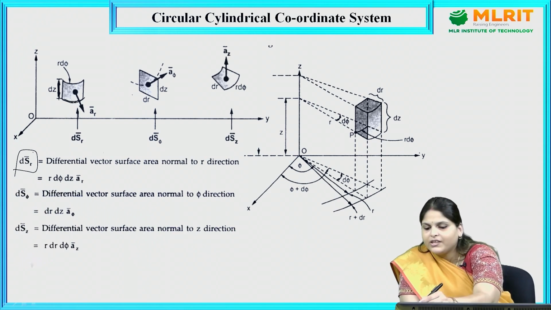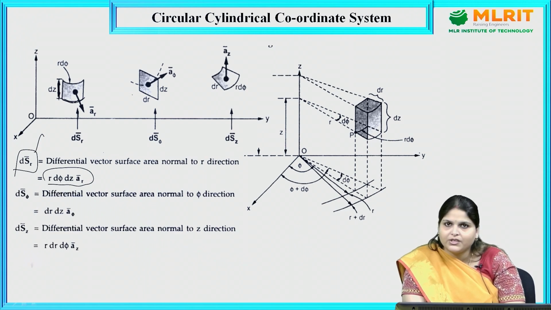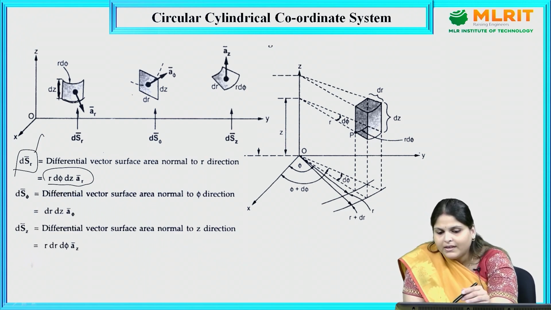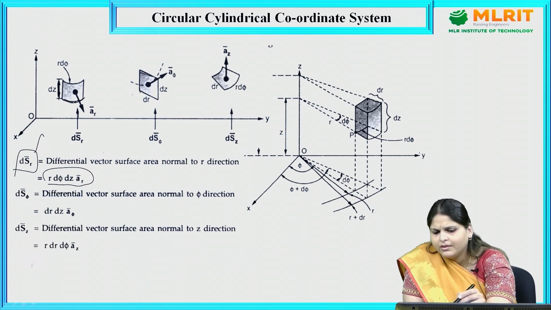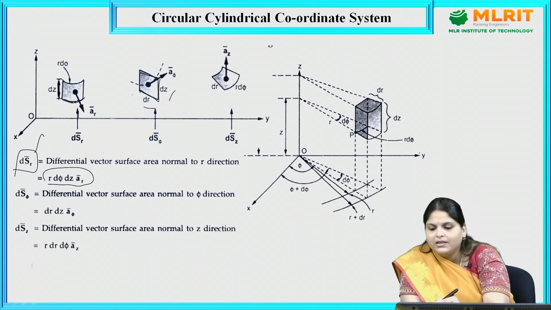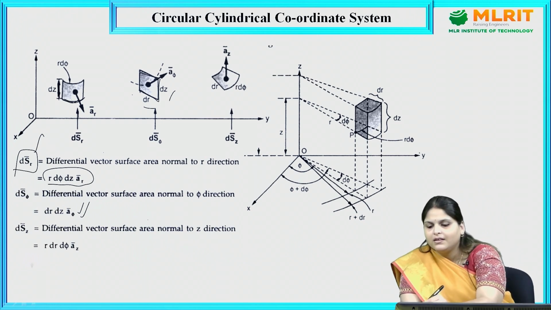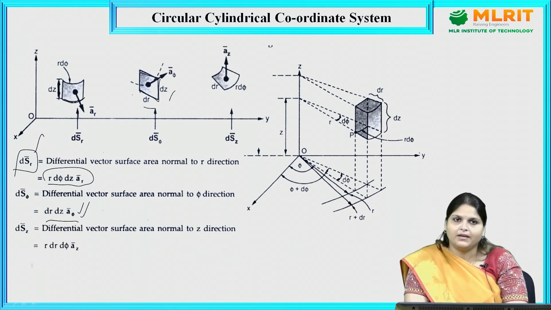So in this direction, my differential area would be r d phi dz and the unit vector will be ar, because it is normal to r direction. Similarly, for the differential area in phi direction, we know the variation can happen in r and z, so this will be dr dz, and because it is normal to phi direction, the unit vector is a phi. So ds phi we can write as dr dz a phi.